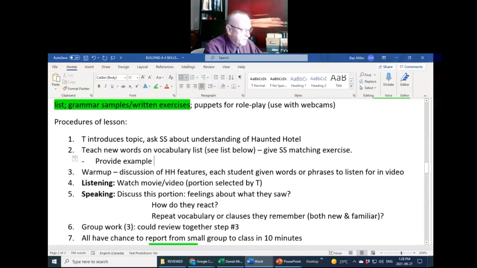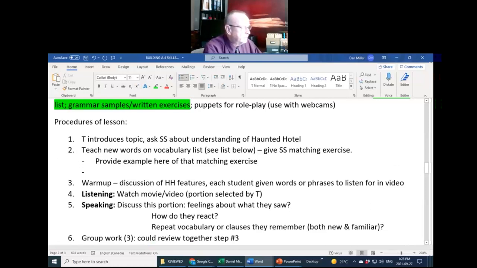And if you were going to do that, then you would provide an example here of that matching exercise. So you would actually write out what the matching exercise would look like.